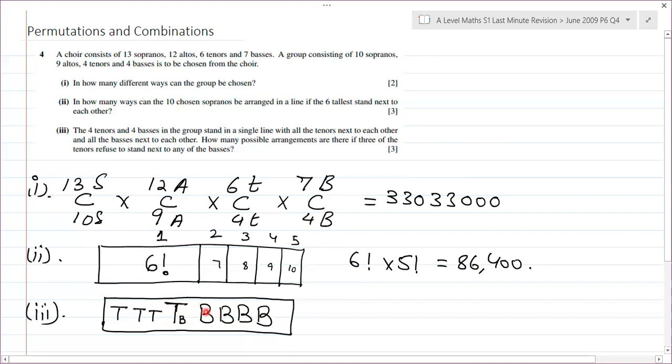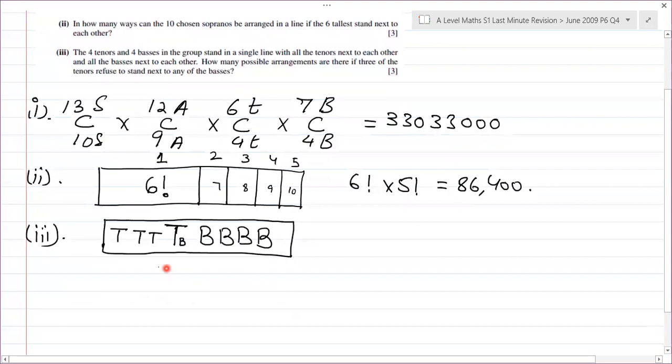For the 4 B's, we'll have 4 factorial. For the 3 T's, we'll have 3 factorial. This T, we can't do anything with, because it doesn't have any option. It has to go with the B's, so that's just 1.